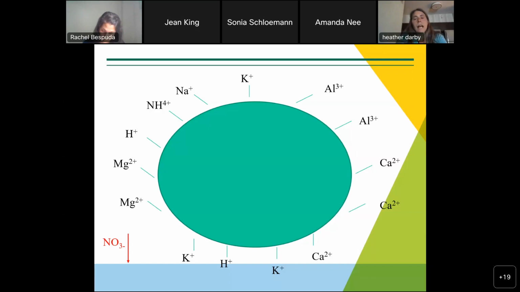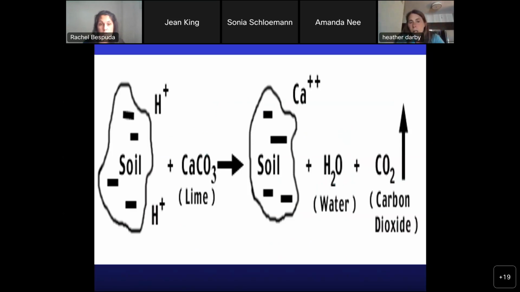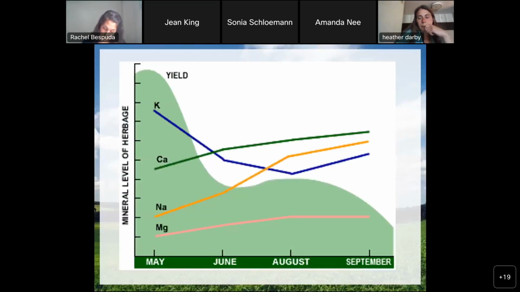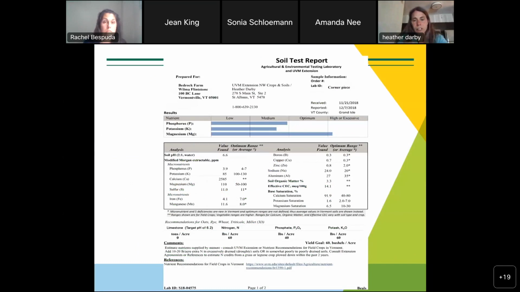So to get rid of the acids, that aluminum and the hydrogen, you apply calcium or magnesium, right? You apply lime, something we call lime, which most people know, which is calcium carbonate. And when you add calcium carbonate or other liming sources, you will displace the acids with the bases and drive the pH up, okay?